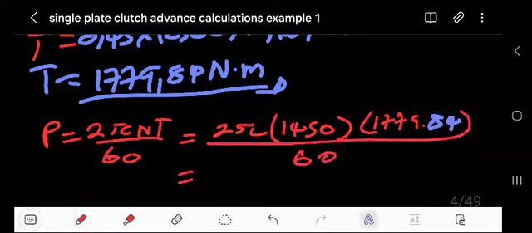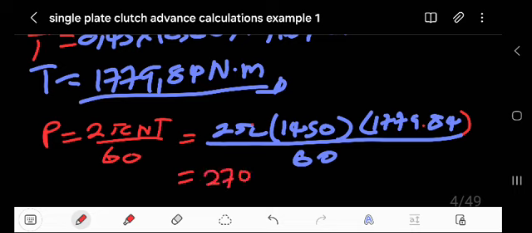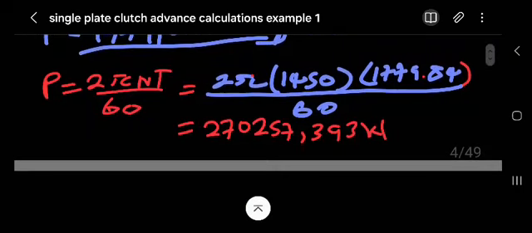If you punch this, the power is 270 257.393 watts.